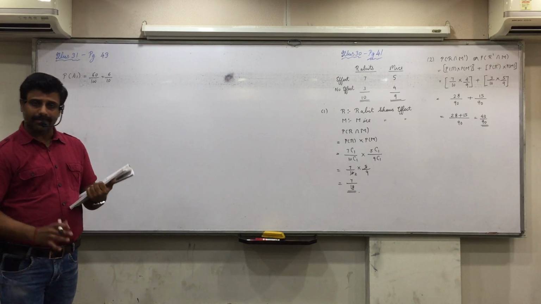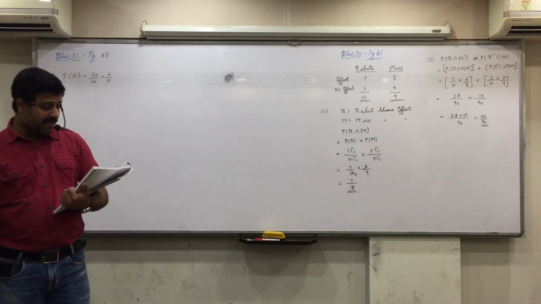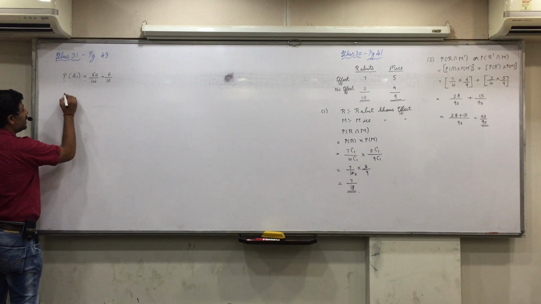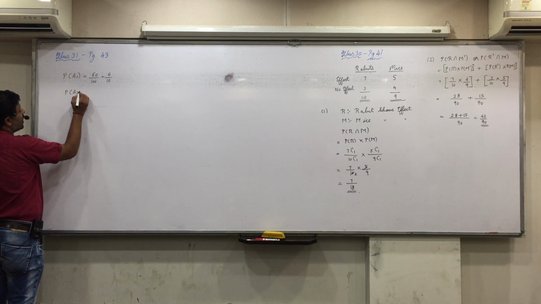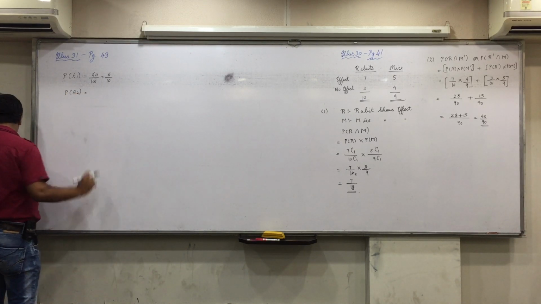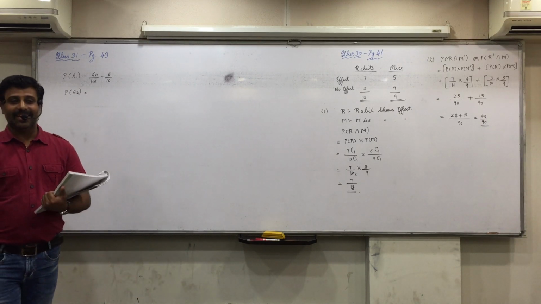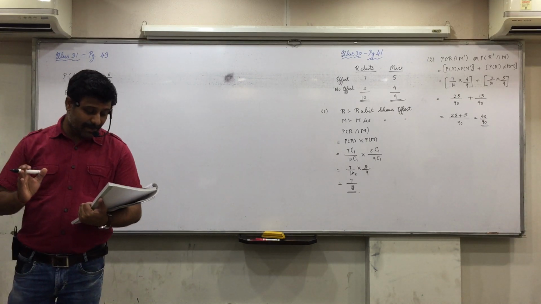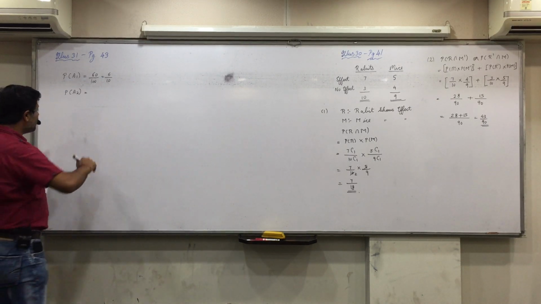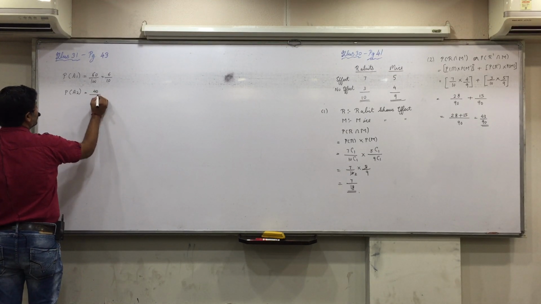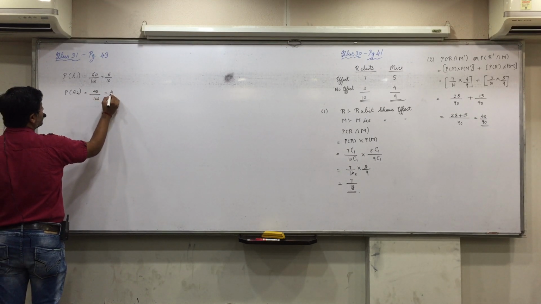Don't make it 3 by 5, keep it 6 by 10. Same way, probability that you get the item produced from factory A2 will be 40 by 100, that is 4 by 10.